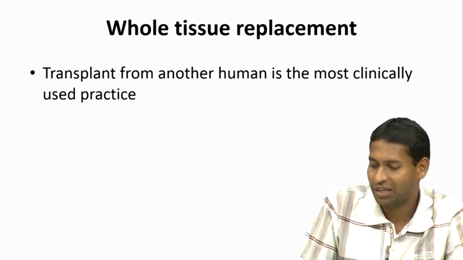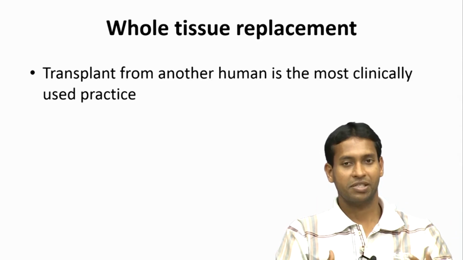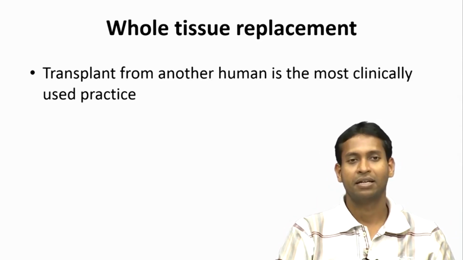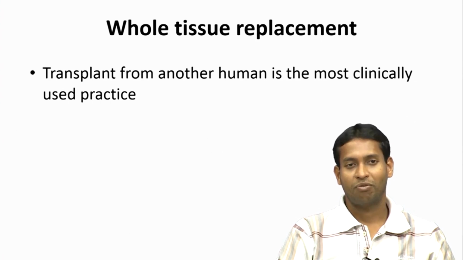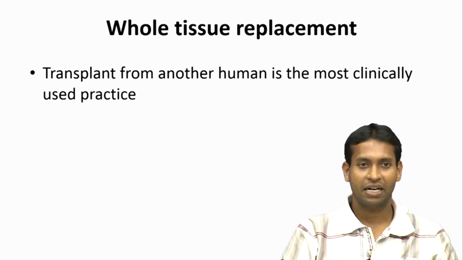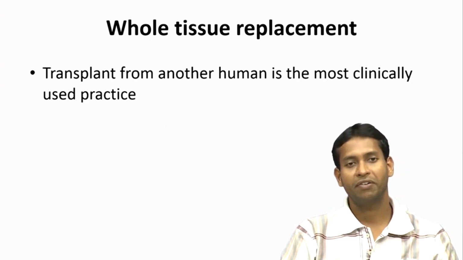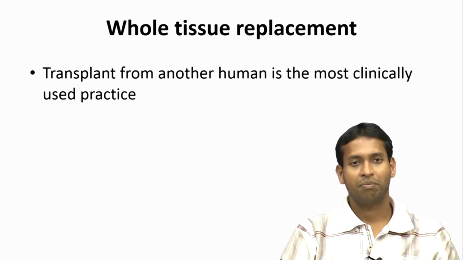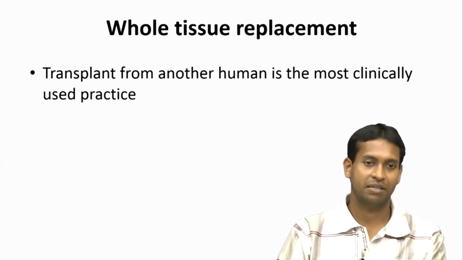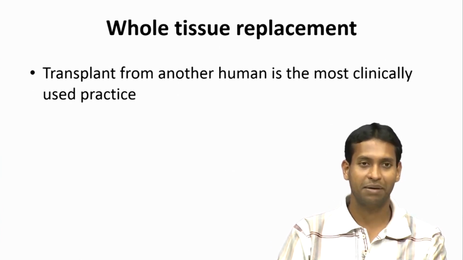If I am registered as an organ donor and I meet an accident and I am dying, at that point some of my tissues which are not damaged in the accident, let us say it is eyes or something else, can be retrieved from my body and put into a recipient who is suffering from some disease, maybe he or she is completely blind and needs an eye implant.